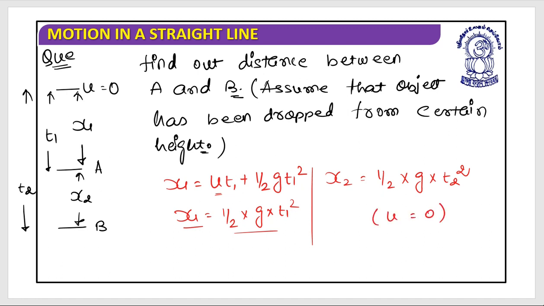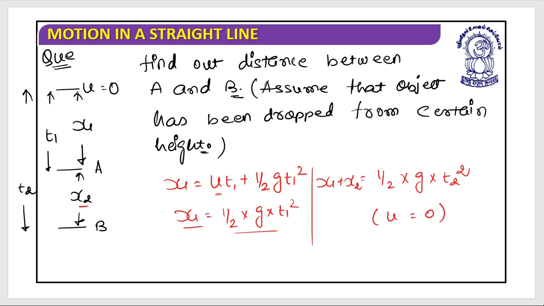Now what I require is x2, but x2 is not alone in half g t2 square because we have considered it from here. So what I should write is x1 plus x2 is equal to half into g into t2 square. Now what I require is the distance between A and B, so I am interested in x2 only.